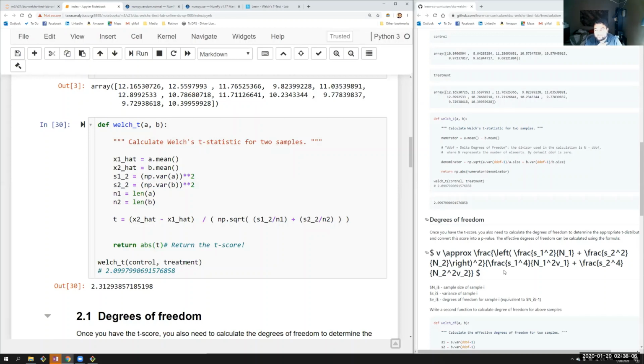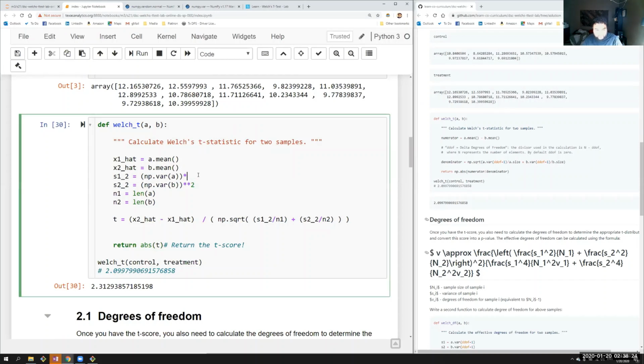Variance gives me s squared, I don't need to then square it. That would be the standard deviation, right? Variance is already squared. A regular s without being squared is the standard deviation. S squared is already variance. So that's what I'm doing wrong. So let's fix that.